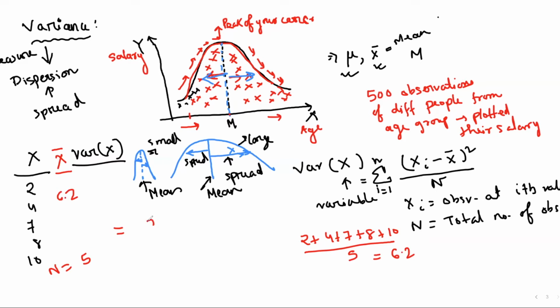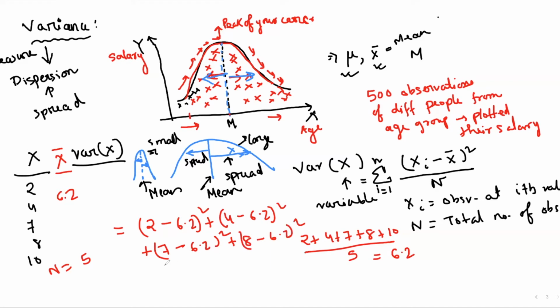It will be 2 minus 6.2 whole square plus 4 minus 6.2 whole square plus 7 minus 6.2 whole square plus 8 minus 6.2 whole square plus 10 minus 6.2 whole square, divided by 5.